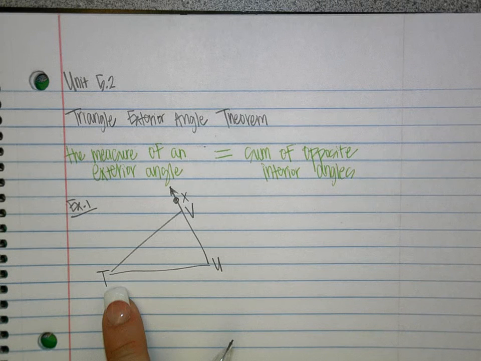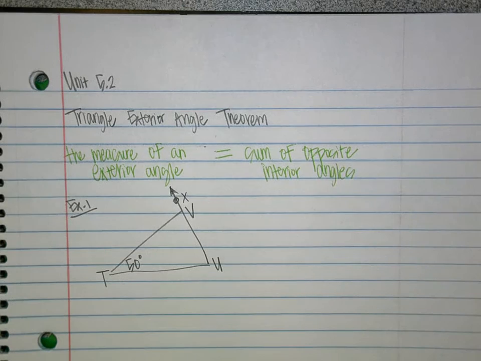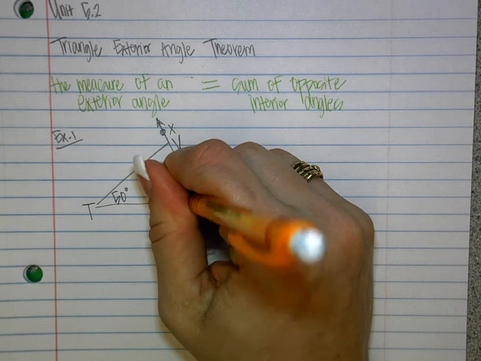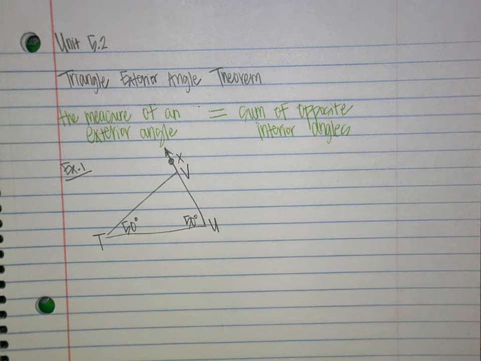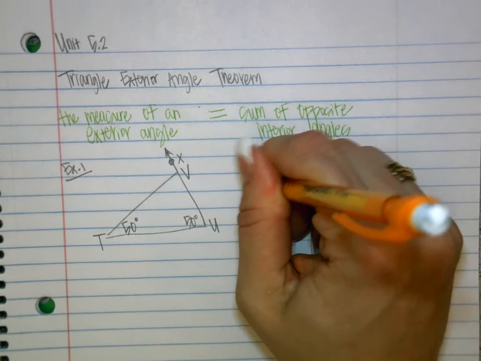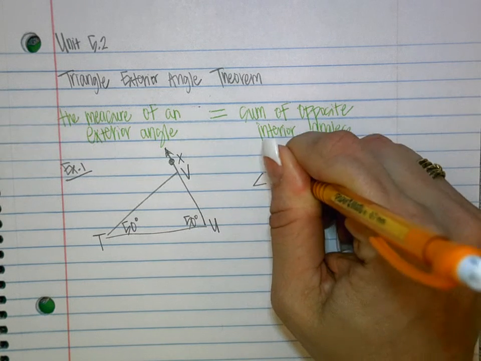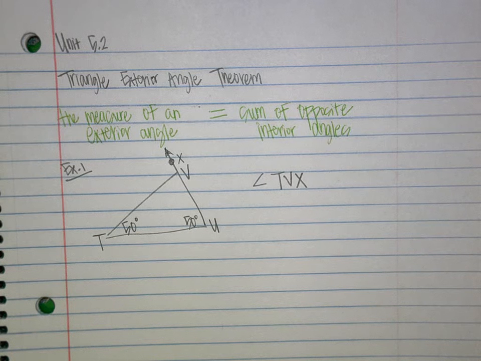Angle T, so if I'm talking about angle T, that means corner T. So angle T is 50 degrees, and angle U is also 50 degrees. And the actual question that I'm asking is, I would like you to find the measure of angle TVX. Once you have this vocab down, it's going to be really simple.